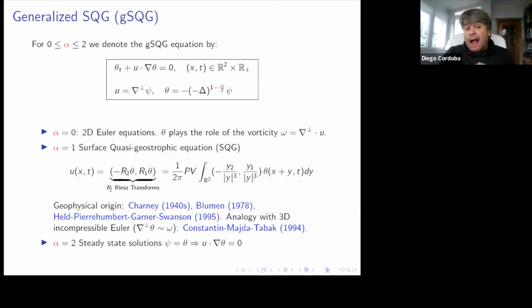And when the parameter alpha is equal to 2, the nonlinear term disappears, it's 0, and what we have are stationary solutions. And if alpha is bigger than 1, then you have a system of equations more singular than SQG. SQG is more singular than Euler, so as you increase alpha, the system is more singular.